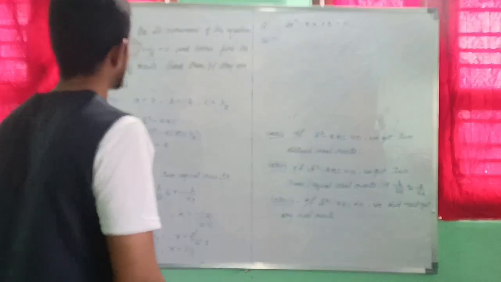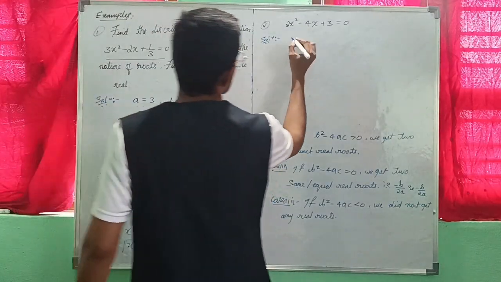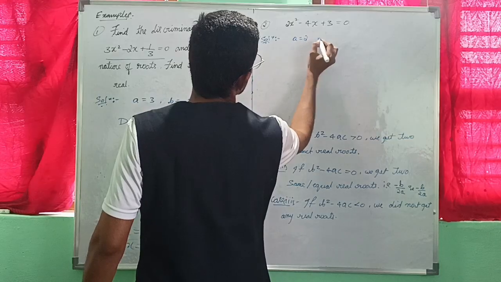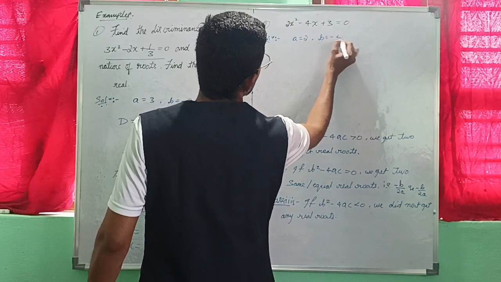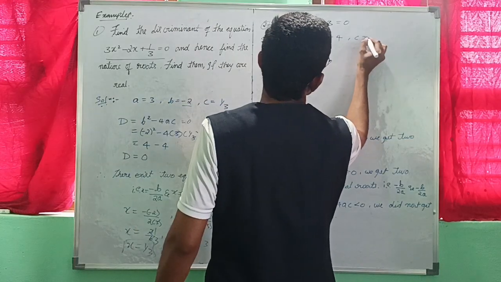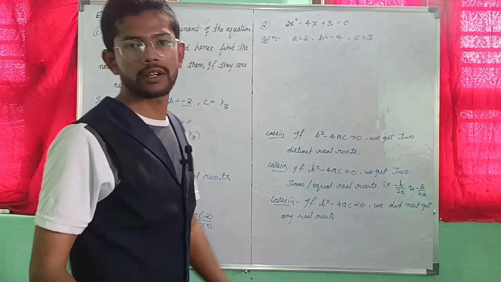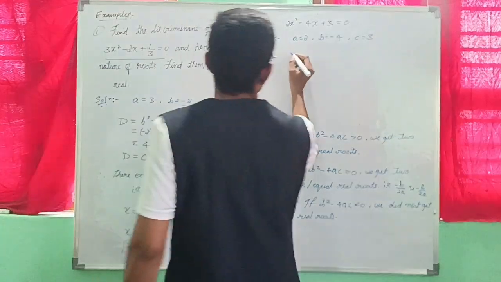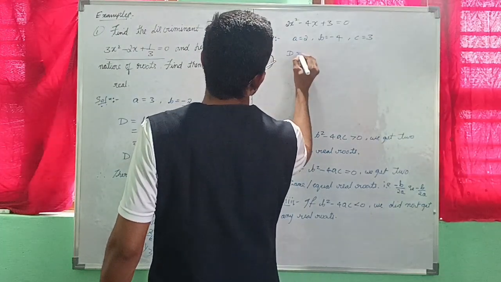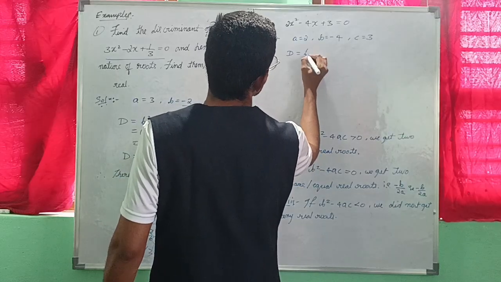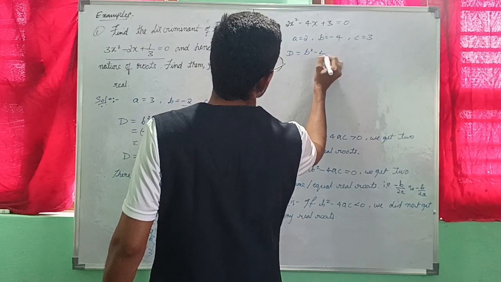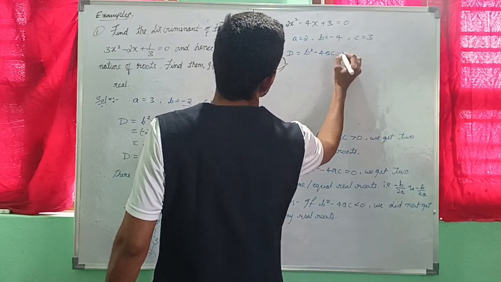Let's take a equals 2, b equals minus 4, and c equals 3. Right?